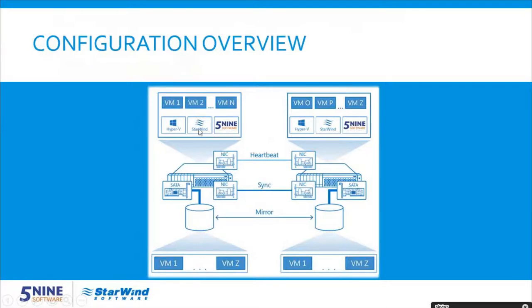To use StarWind, we mirror the local storage of each server and then present it back to the same servers as a single shared storage resource, which we then use to store our virtual machines. And with that, let me quickly pause our screen share and prepare the demonstration for our StarWind part.